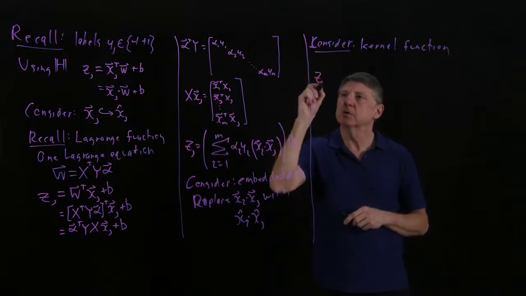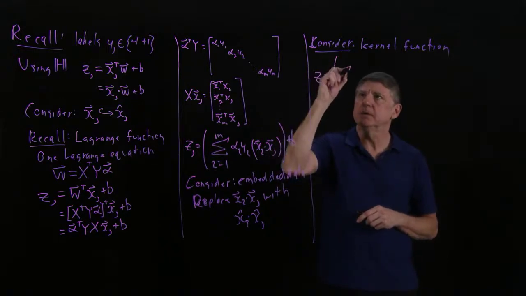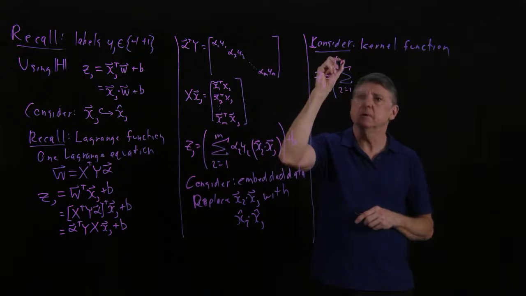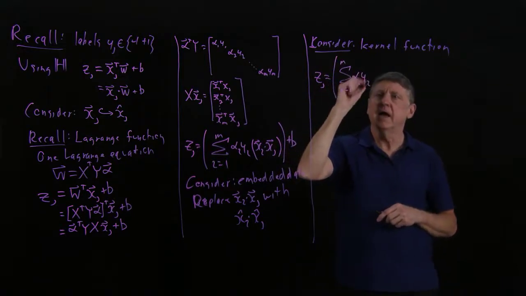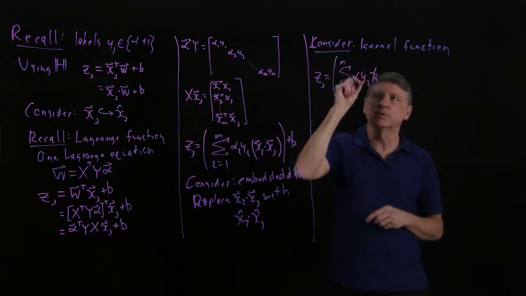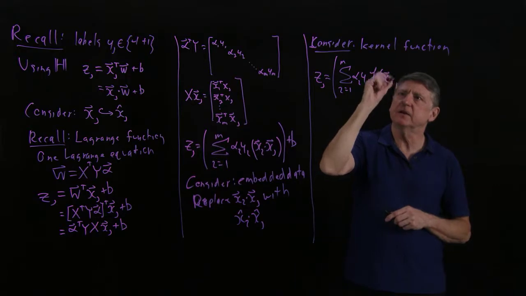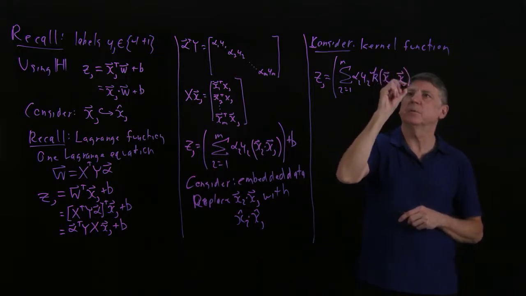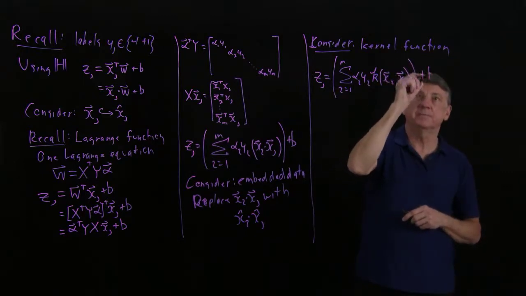And so the score of the jth data vector will now be the sum as i goes from 1 to m of alpha i yi, and now we'll use the kernel function of the ith data vector and the jth data vector that we're trying to score, and then we'll add b.